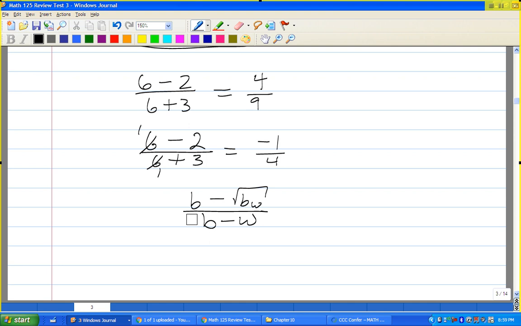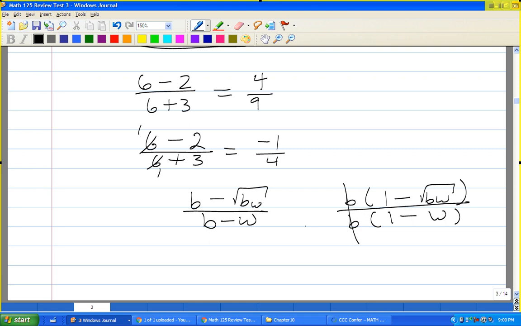The only time you could cancel is if you had a situation like B times 1 minus rad BW over B times 1 minus W. There you could cancel the B's, but only in the case that there's some sort of common factor.